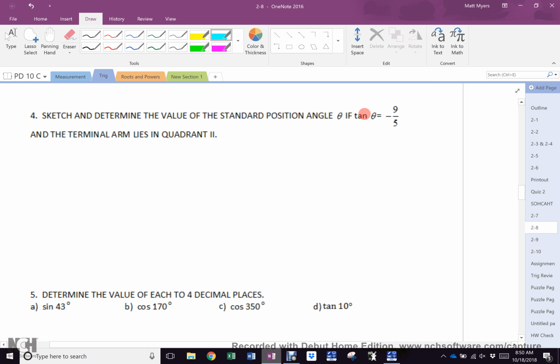As soon as you see that, what do you know you have? One of those is y. One of them is x, yes? Now, since it's negative, one of those must be negative, right? Well, how do you know which one it is? Because it's in the second quadrant. So you draw it.